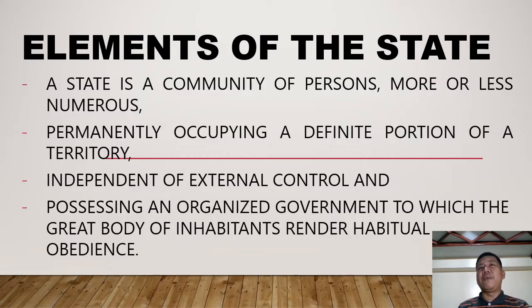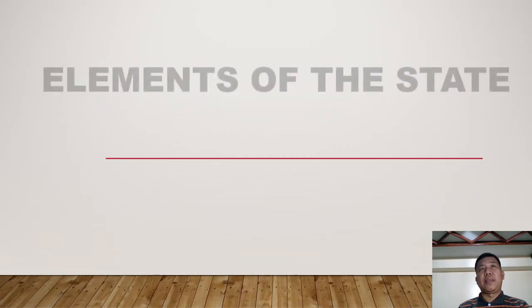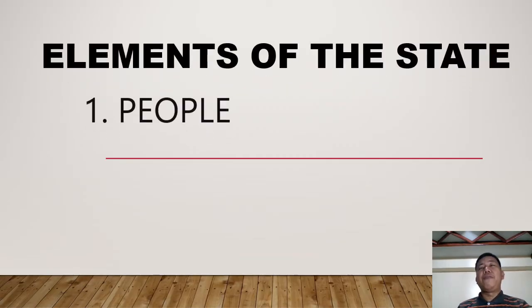So these are the four phrases which we got from the definition of the state in the earlier slide. So out of these four phrases, we are now going to identify the four elements that make a state a state. First, people. From that definition given, which is more or less numerous.